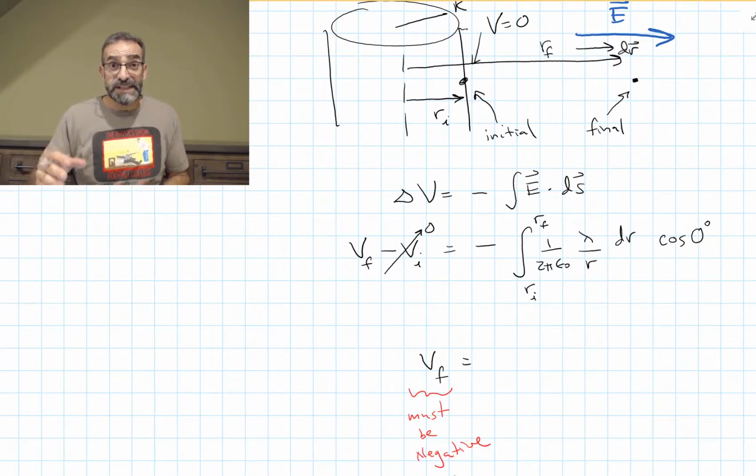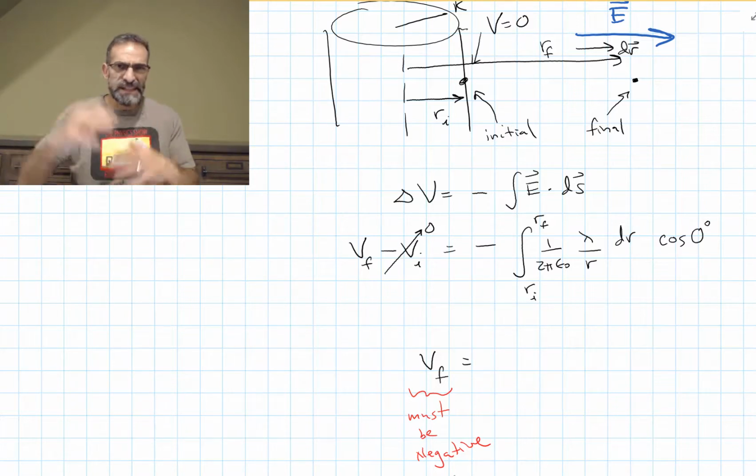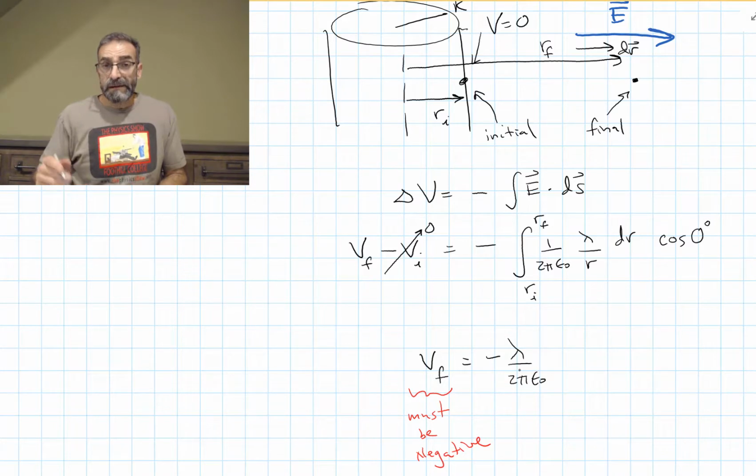Now we just need to make sure the right side of our equation gives us a negative number when all is said and done. So if it doesn't, we'll fix it, we'll make it negative. But if we get all of our signs right and our dot products and our limits and everything is just right, it'll give us the proper sign. Lambda over 2 pi epsilon naught, those come out, those are constants.